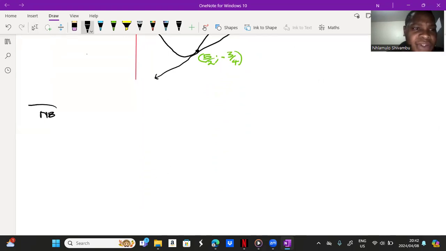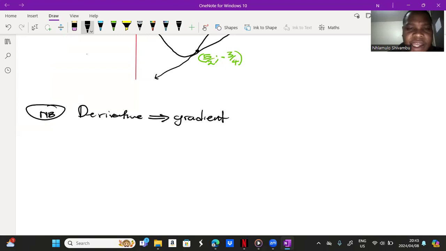NB. So the derivative is the same as the gradient of the function at any x value.